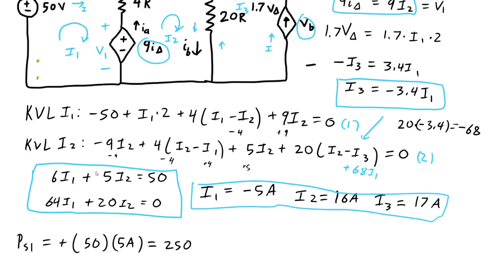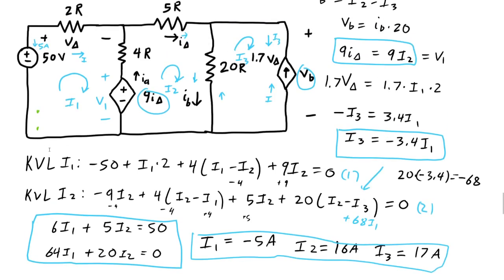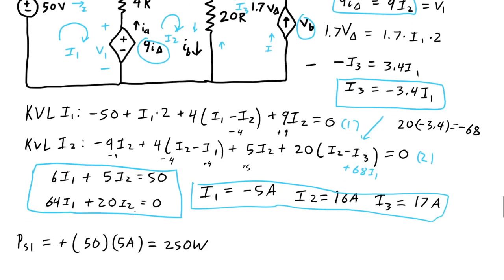So 250 watts being dissipated by the first independent source. That might seem strange to you, because typically they are sourcing current, but it just so happens that the voltage up here is at a lower potential, basically, so it's sinking current here. So we know that that one is definitely not supplying power. Let's try the other two sources.